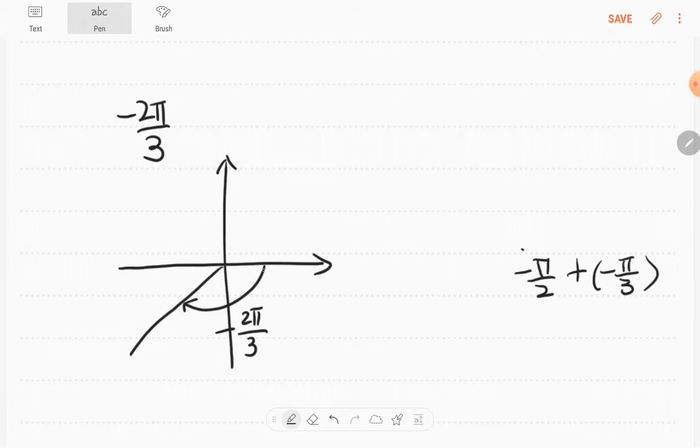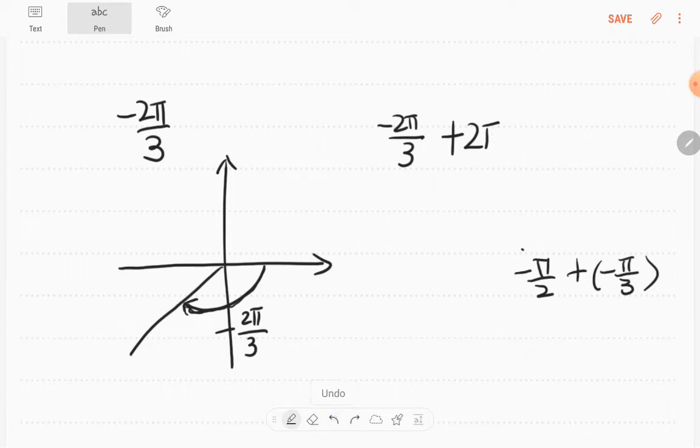So this is negative pi over 2, and here is negative pi over 3. Okay, so this is negative 2 pi over 3. Let's locate this one. Let's find the coterminal angle.